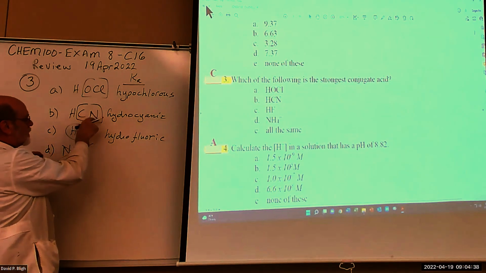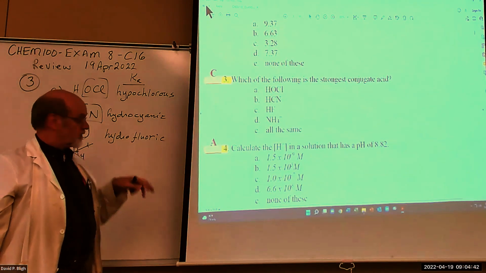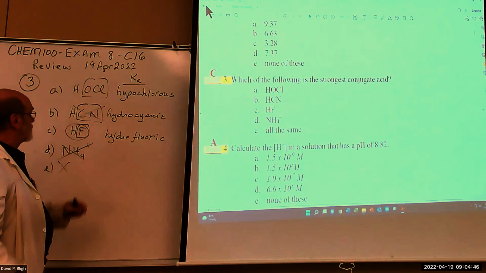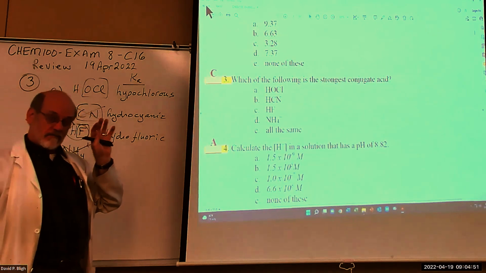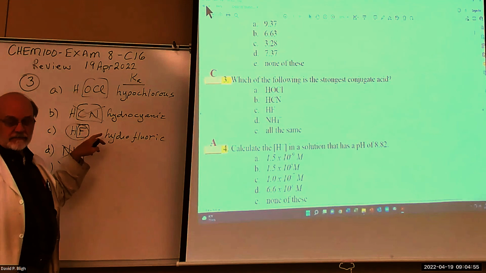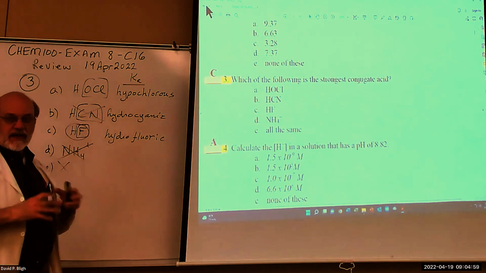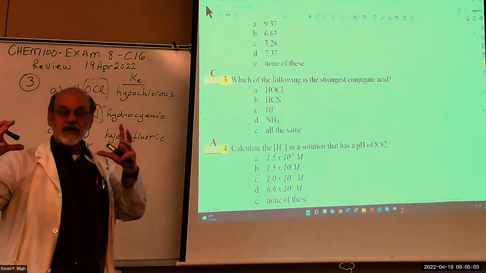We know that carbon and nitrogen are electronegative, but they're not as electronegative as fluorine. So that lets them out. Chlorine and oxygen together are likely candidates for a competitor to fluorine. The problem is oxygen and chlorine together make a huge polyatomic ion.